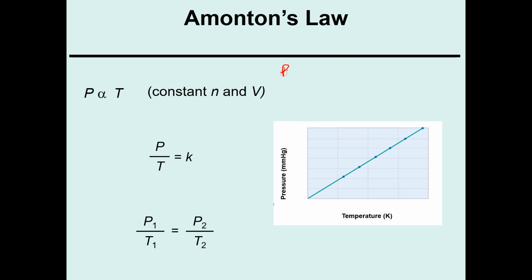So pressure is directly related to temperature. So pressure over temperature is equal to some constant, or in other words, P1 over T1 is equal to P2 over T2.